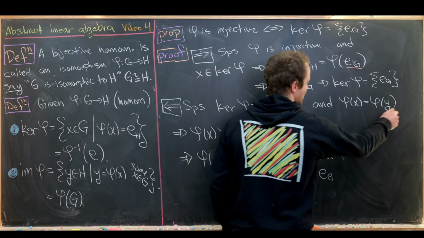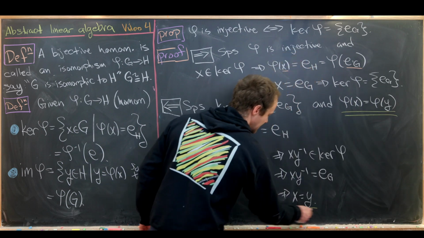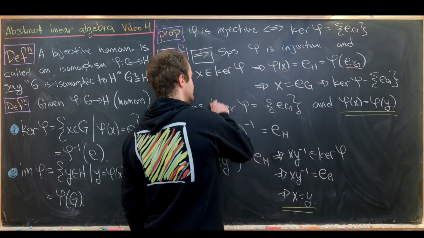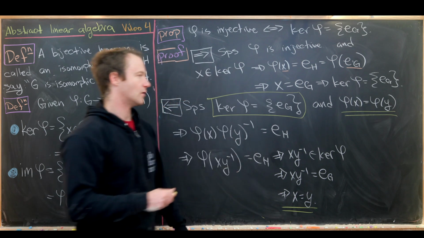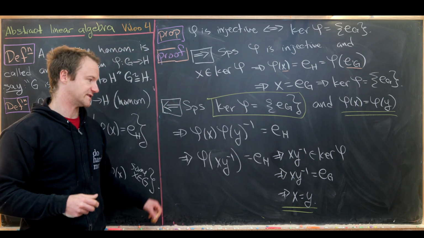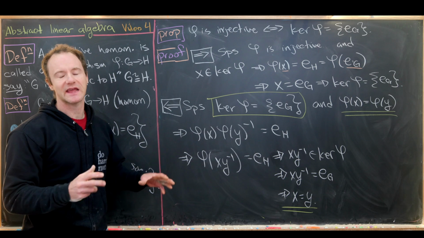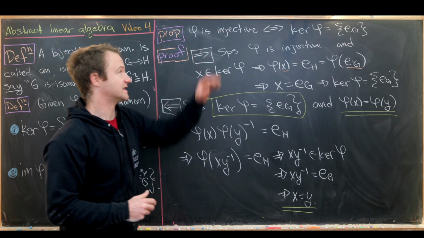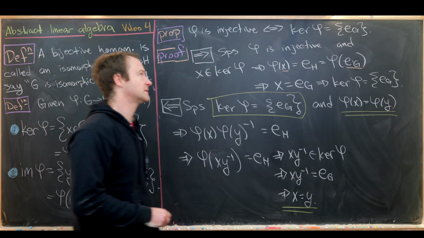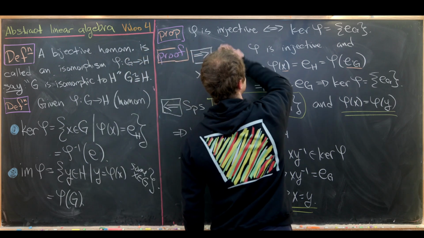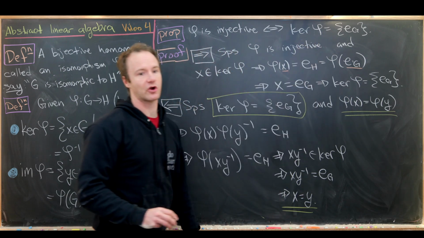So just to reiterate, we started here and we ended here, and we used this given in order to go from one side to the other. Okay, so I can't reiterate enough that this result is super, super important. You almost always want to test injectivity by looking at the kernel.